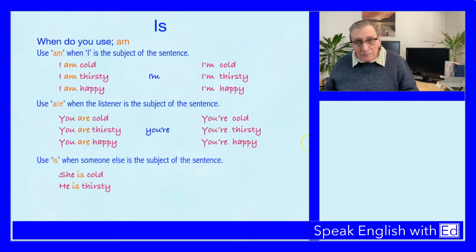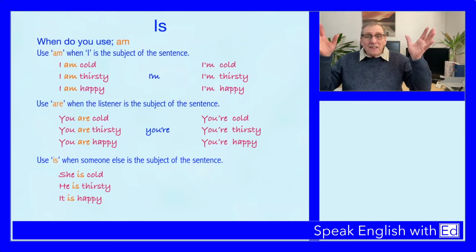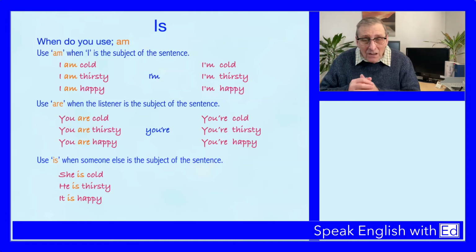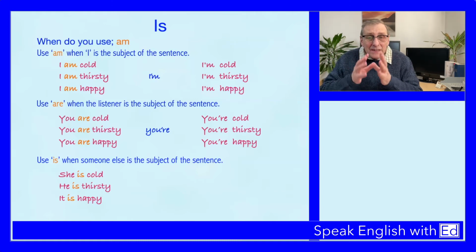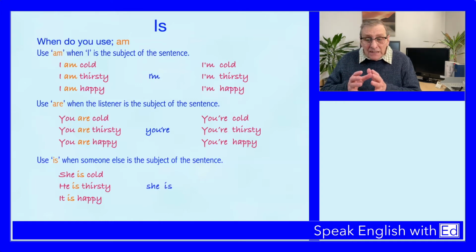And if you're talking about something else, a dog, a budgie, a horse, anything, you would say it. It is happy. It is the third person pronoun for an object or a thing or anything that's not a he or a she. It becomes an it. So, once again, we've got she is, he is, and it is.